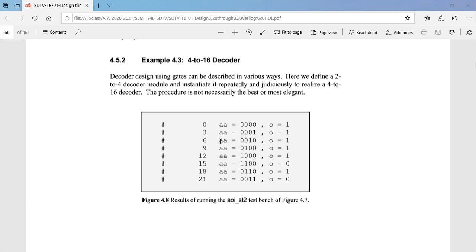At the point of 6, not after 6, at the point of 6 units of time, its value is this and the output will be this. The output will be this for 3 units of time, and at 9 it is again going to change.